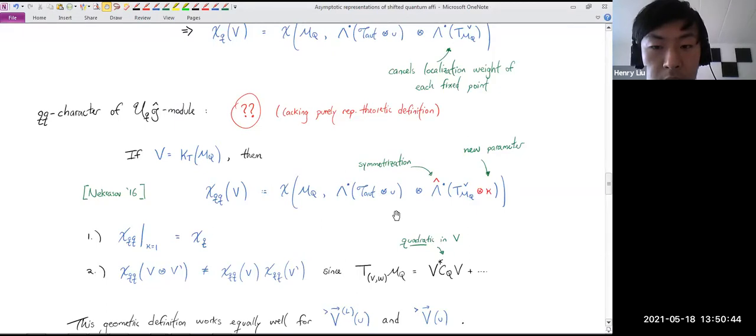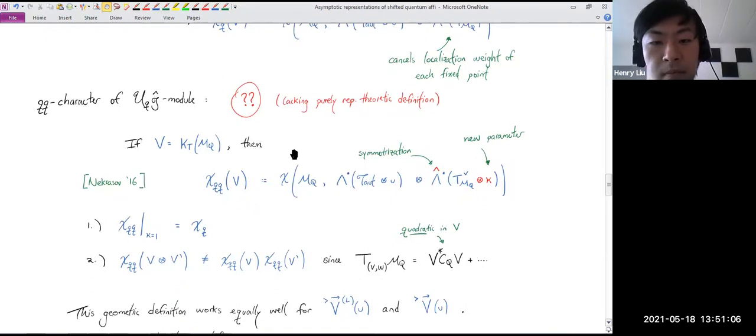And we'll also symmetrize this wedge. This is kind of a technical point. And it was not present in Nekrasov's original definition, but I think having this symmetrization here really is the right thing to do.